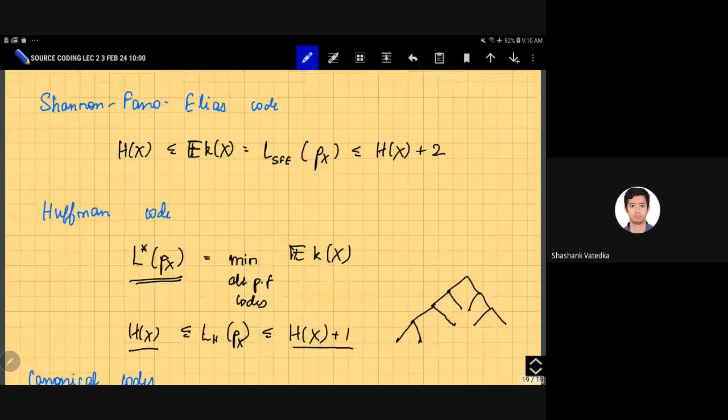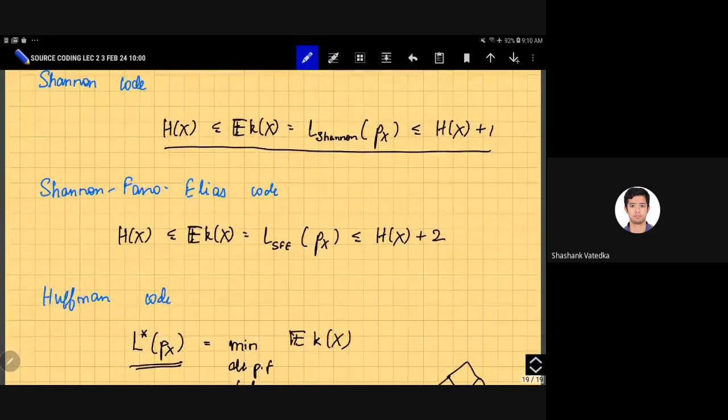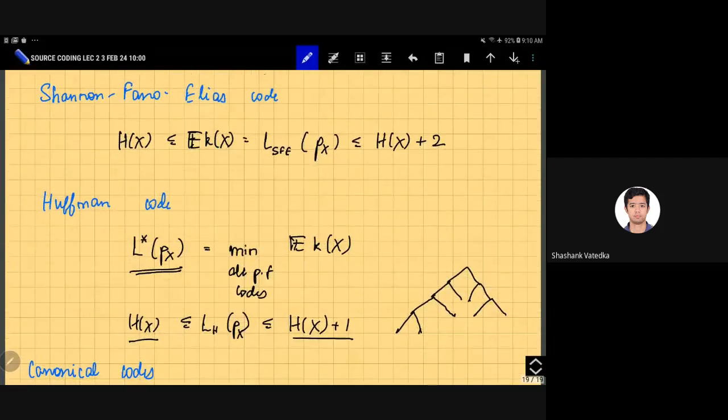We've seen that if the source is dyadic, then the Shannon code achieves an expected length equal to H of X, and the Huffman code also achieves an expected length of H of X. Can you give me an example of a source, even a simple example will do, where the expected length of the Huffman code or even the Shannon code is close to H of X plus 1?